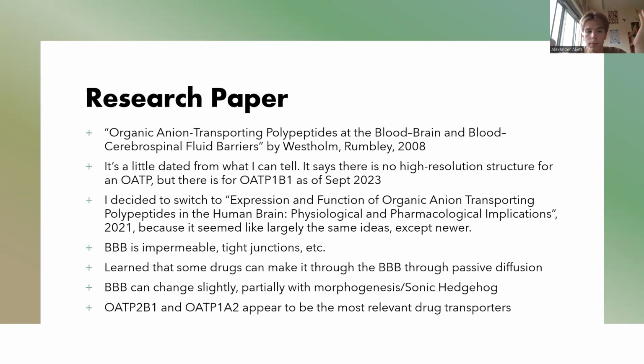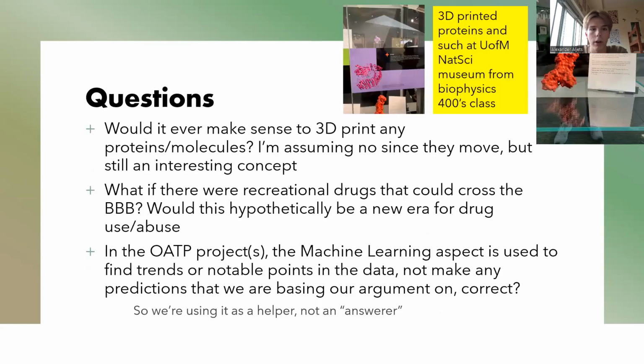Different OATPs: the paper that I was reading said 2B1 and 1A2 appear to be the most relevant drug transporters. I wasn't really sure why. It was a really dense paper, a lot of words and biology and biochemistry. But I guess that's something to think about as I sift through the stuff.